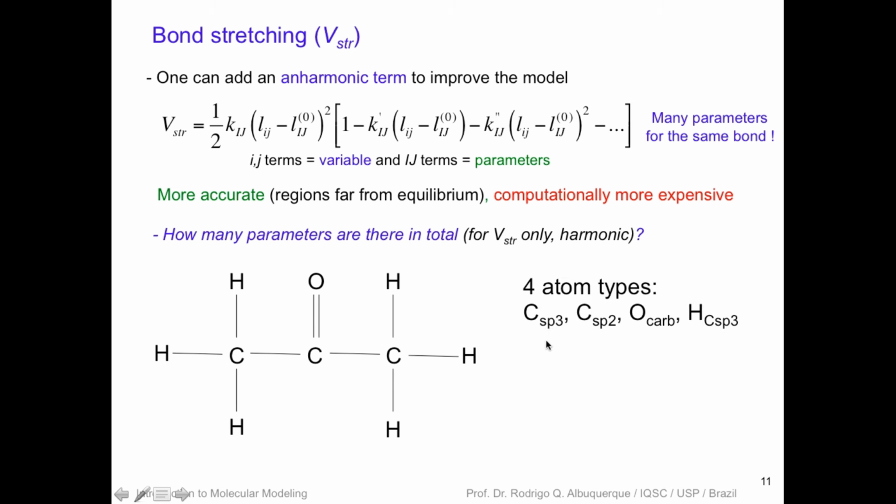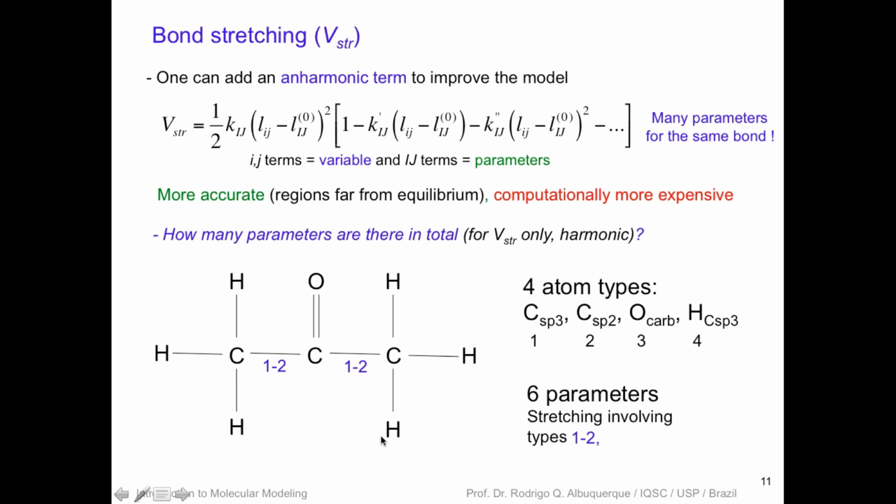Here we have 4 atom types: sp3 carbon, sp2 carbon, oxygen from the carbonyl, and hydrogen bound to carbon. We can give an atom type number to each one of them. We give number 1 for this here, 2, 3, and 4. Now you can see that we have 6 parameters in total to describe the whole bond stretching potential for this molecule.